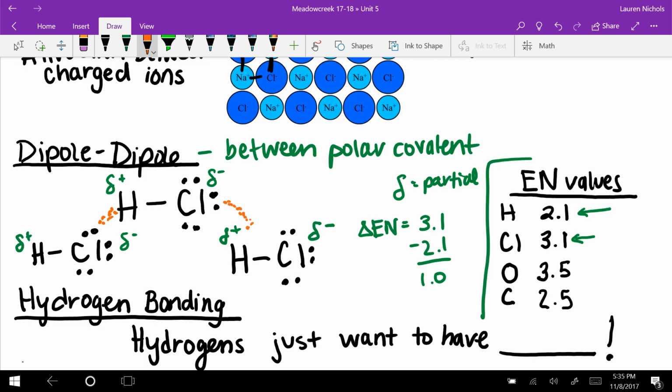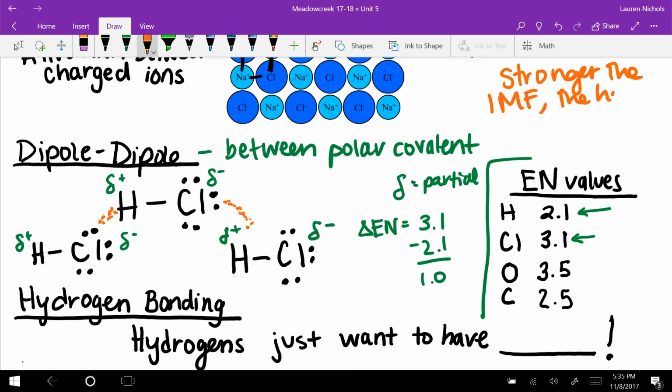And one thing to keep in mind is the stronger the intermolecular force, the IMF, the higher the melting point. Anytime you're looking at melting or boiling points, or really any sort of physical feature, it's all going to come down to its intermolecular forces, or IMFs.